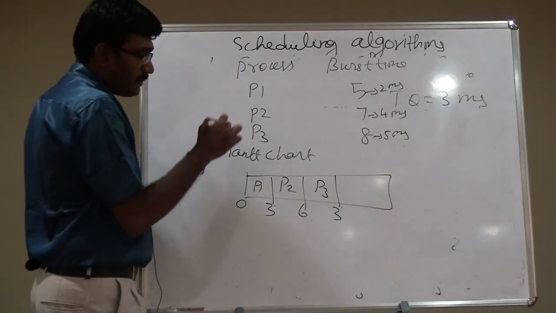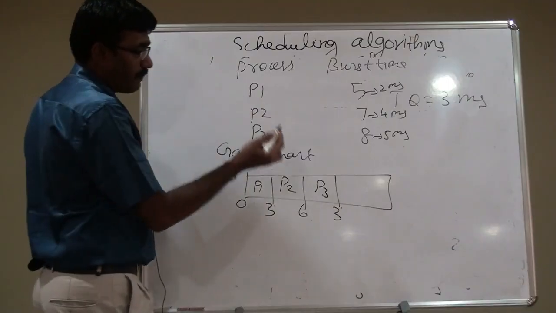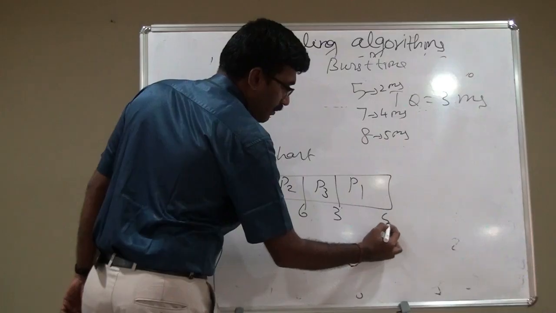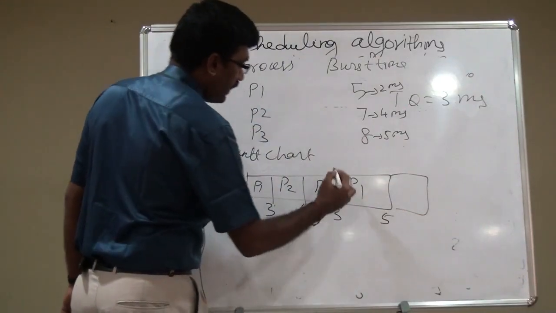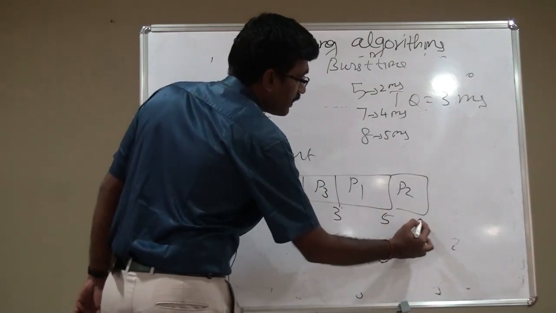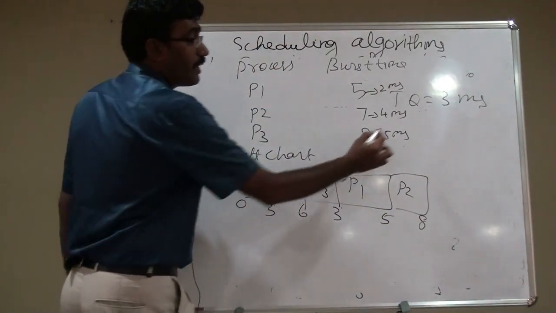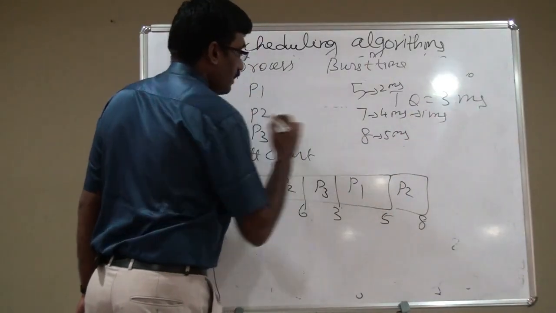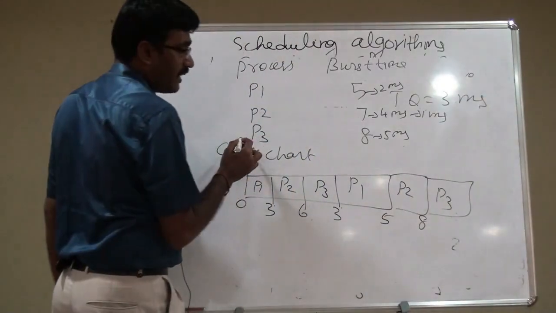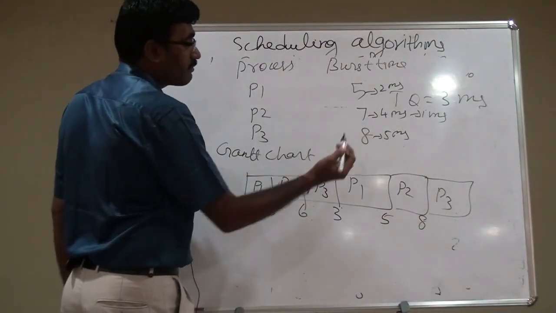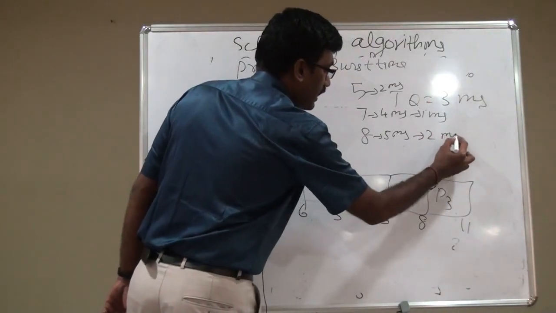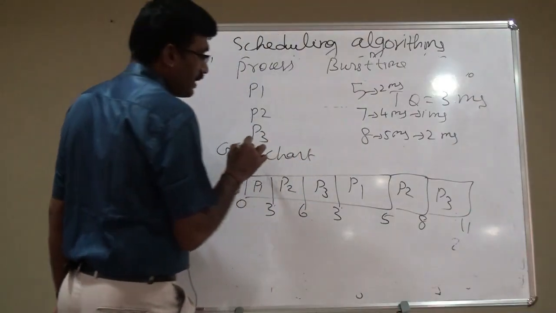This is designed based on the circular queue, so again go to P1, and the remaining burst time is executed. Then P2: the remaining is 4 milliseconds, of which only 3 are executed, so 1 millisecond is left. Then P3: the remaining is 5, of which only 3 are executed, so 2 milliseconds are left.